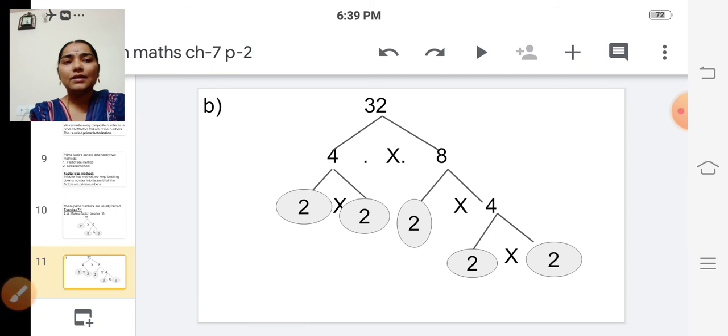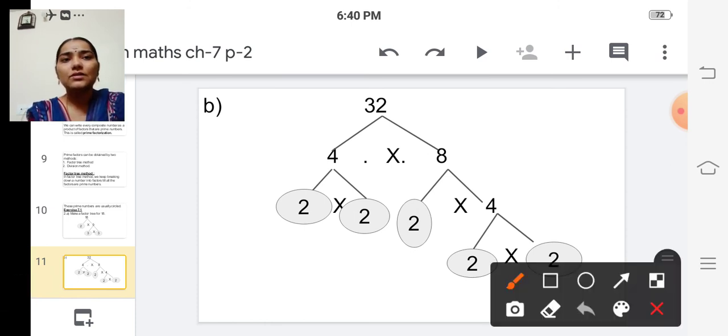Yes. Next one, 32. Find the factors of 32 using factor tree method. So 32 can be written as 4 8s are 32, isn't it? So 4 into 8. But 4 and 8 are not prime numbers.